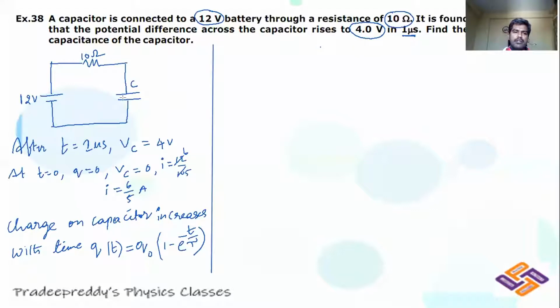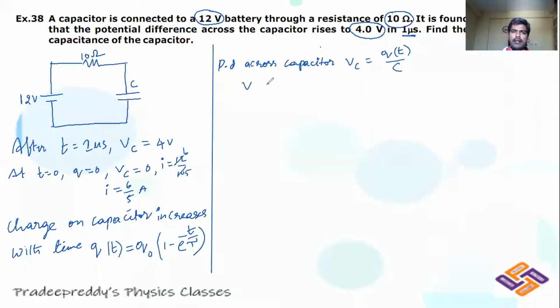The potential difference also goes on increasing because it is a function of charge. Therefore, I can simply write the potential difference across the capacitor, Vc is equal to Q of t divided by C, right? The capacitance I am considering as C, that is the reason I have to keep C here. But what is Q of t? Q of t is already known to you.